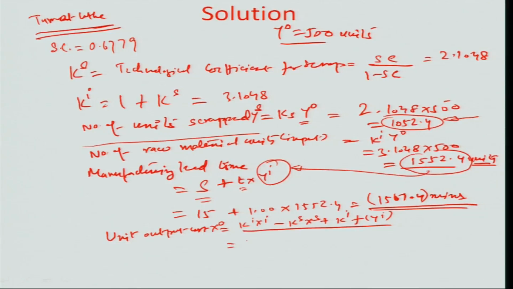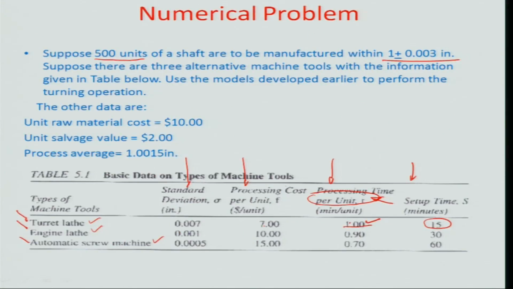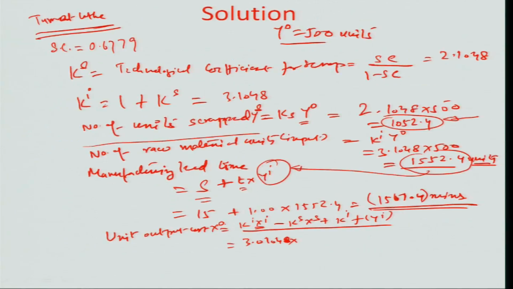In this case the Ki value is 3.1048 times xi, which is the cost of the input raw material. If we look back, the unit cost of the input raw material is about $10 per unit, and the salvage cost xs is equal to $2. This is xi, this is xs, and the processing cost per unit for the turret lathe comes out to be $7 a unit.